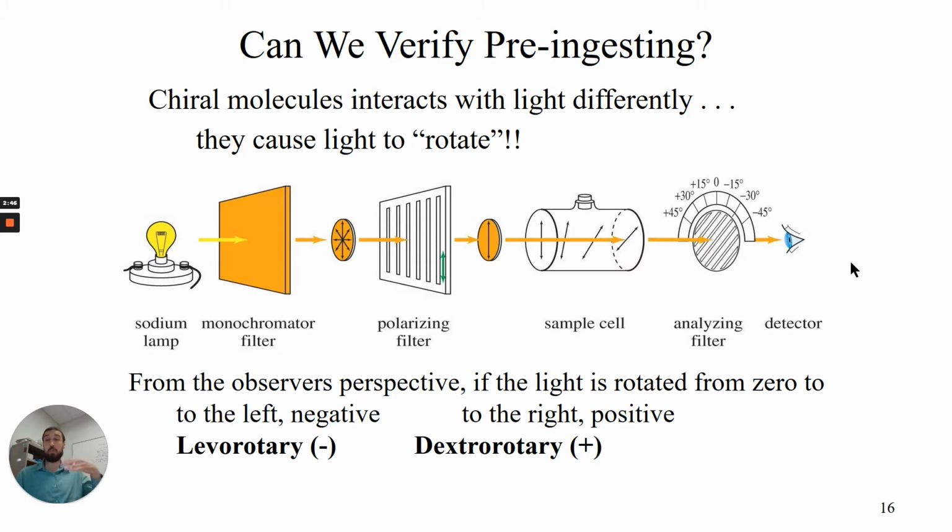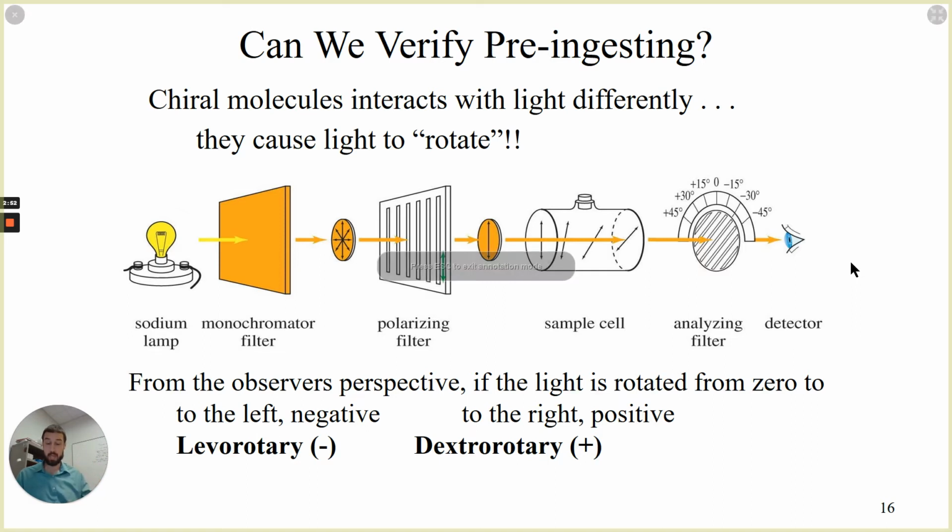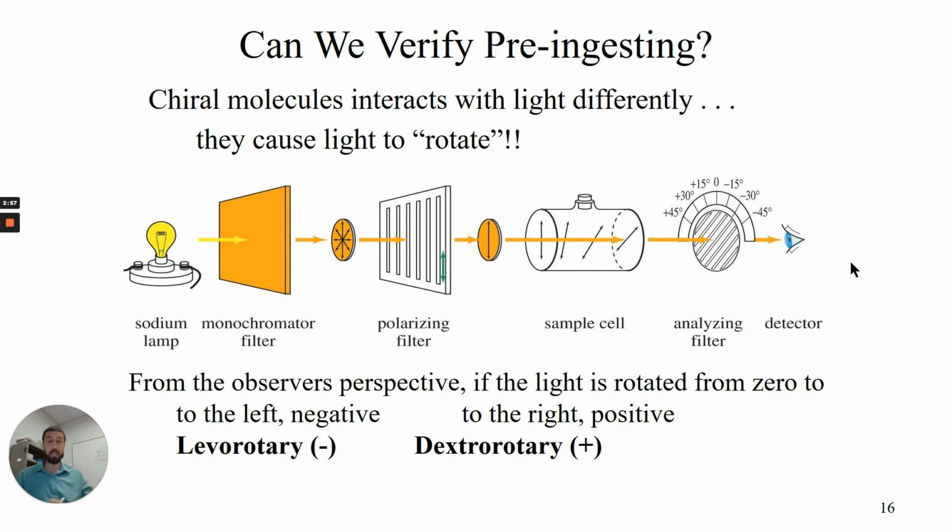That means we would now have a way to monitor how chiral it was by a degree readout. We would then say, oh, it rotated light X degrees, and we could note that in either a positive direction or a negative direction.